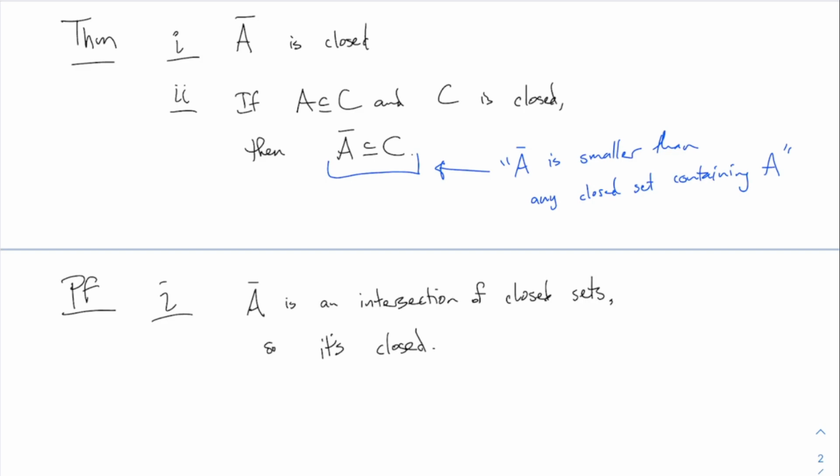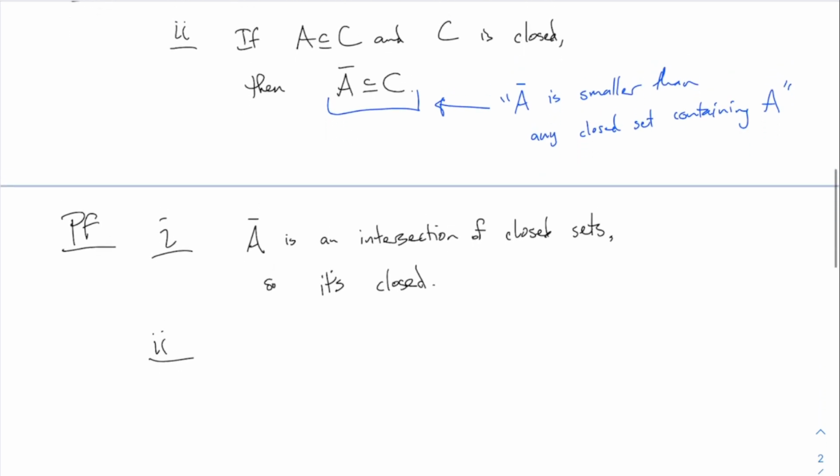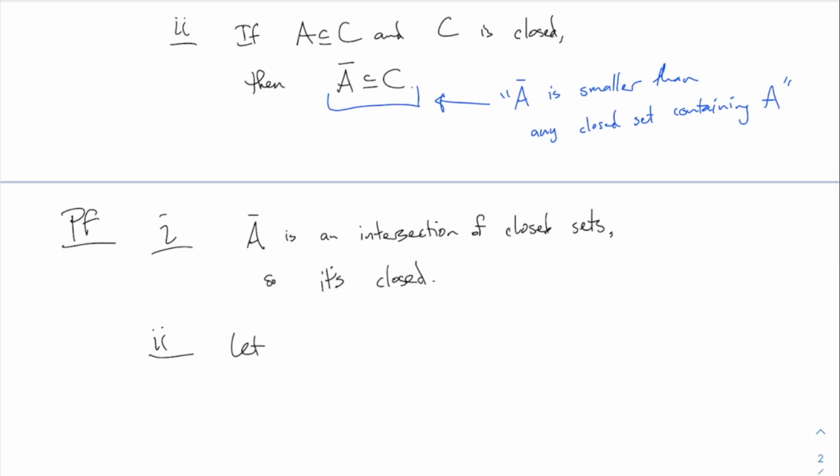All right. And what about the second one? If A is a subset of C and C is a closed set, so I'm going to say let A be what it says up there, with C closed. All right. So that means C is a closed set containing A, right?